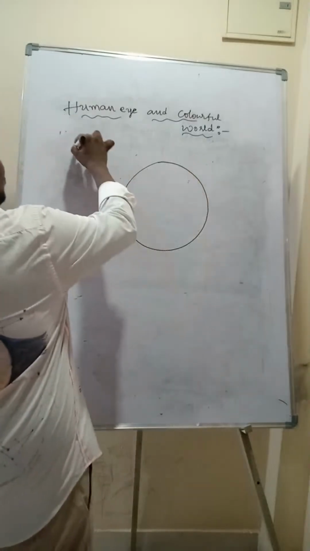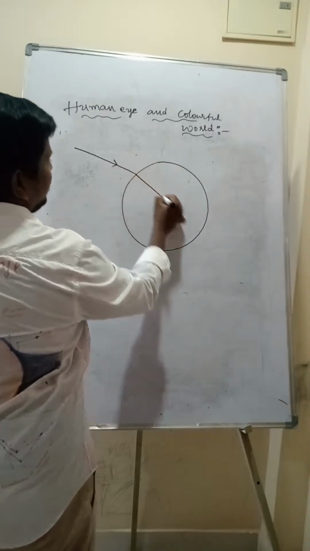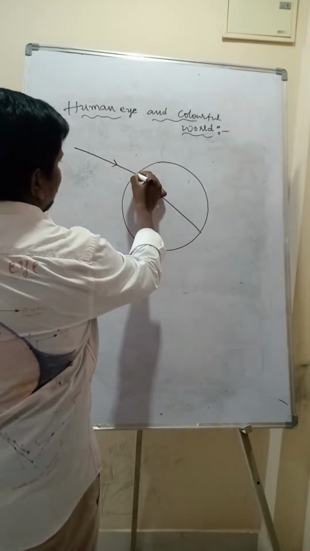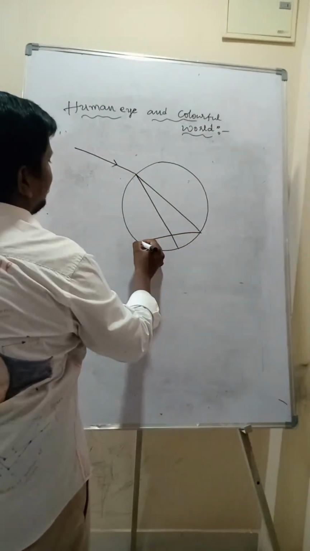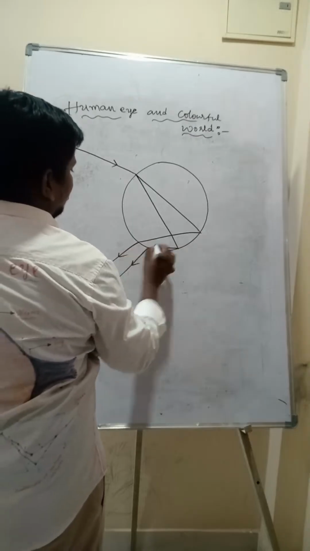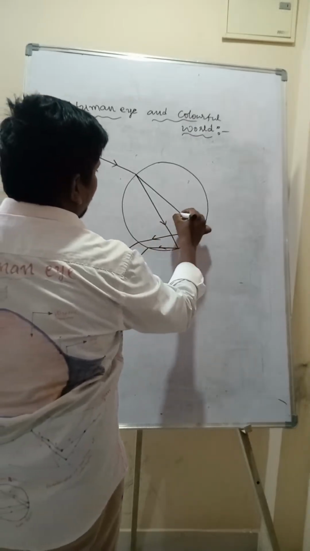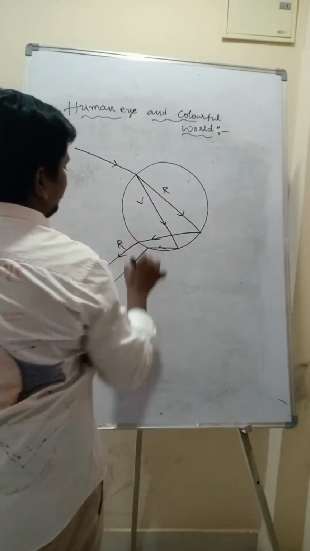When light falls on it, it is split into 7 colors. Then internal reflection takes place. So this is the violet and red.